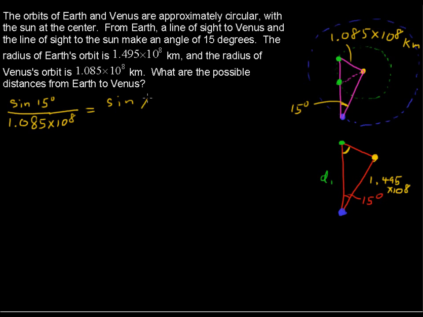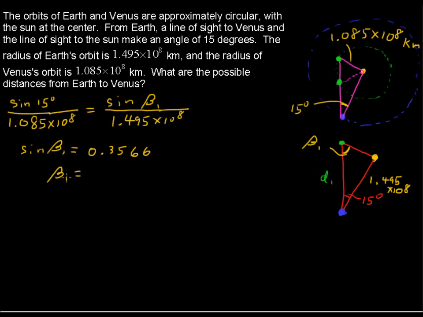I'm going to call it beta sub 1, because we'll have a beta sub 2 for this smaller triangle, over the 1.495 times 10 to the 8th. Solving for sine of beta sub 1, that equals approximately 0.3566. And taking the inverse sine of this number, beta sub 1 then gives you 20.9 degrees, rounding to the nearest tenth of a degree. Okay, beta sub 1 is 20.9 degrees.